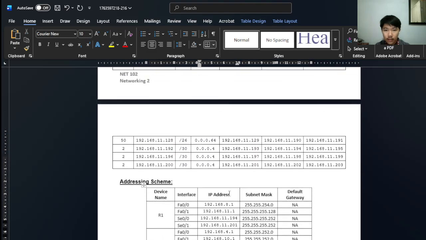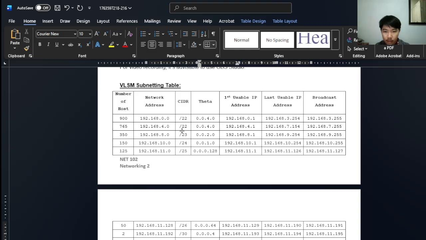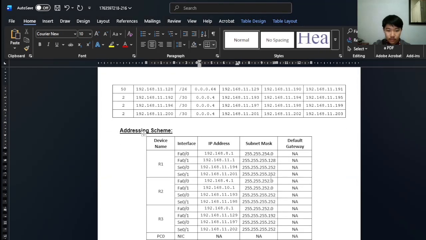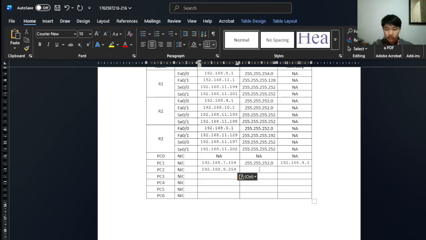For its CIDR is 23. CIDR 23 is 255.255.254.0.